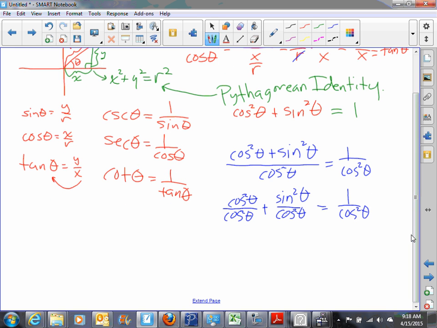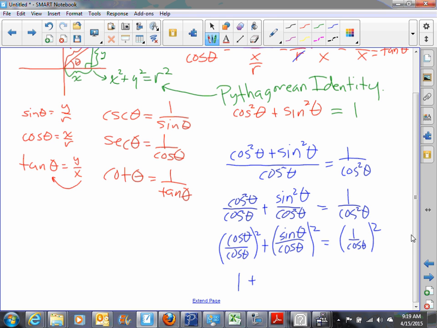And algebraically, I'm sure that you realize this is the same as cosine theta over cosine theta, squared, and this is sine theta over cosine theta, squared, and this is 1 over the cosine theta, squared. But what is the cosine theta over the cosine theta? Well, it's 1, right? And if we square 1, we still get 1.